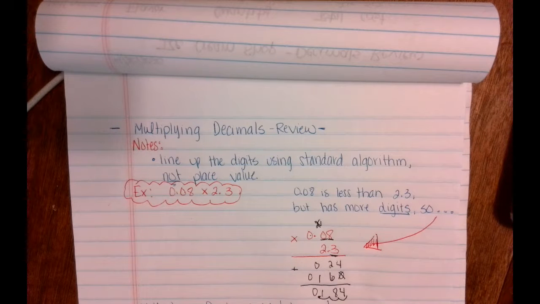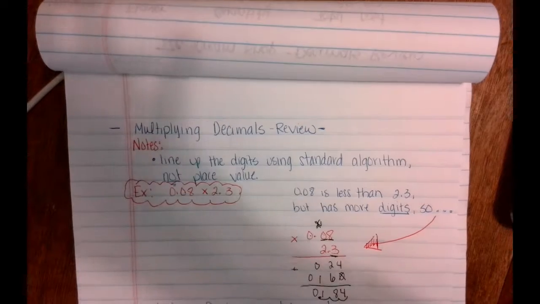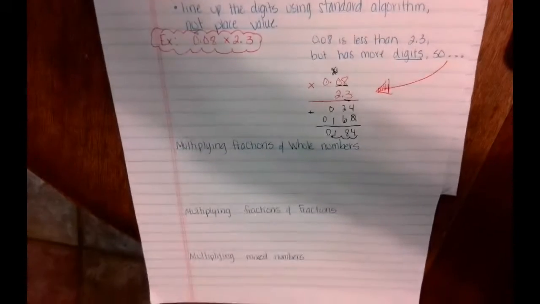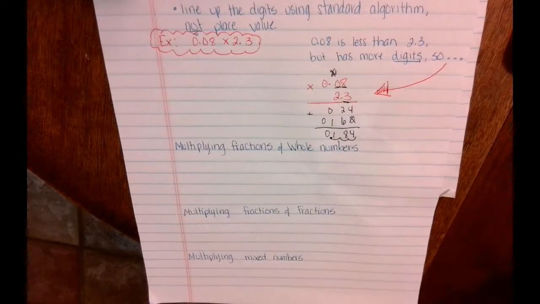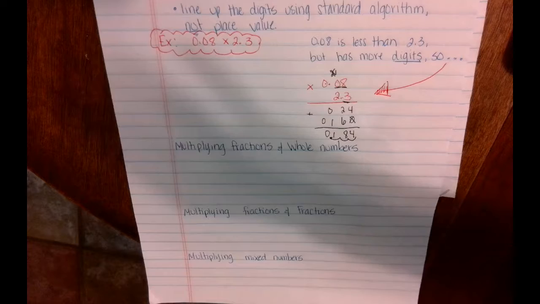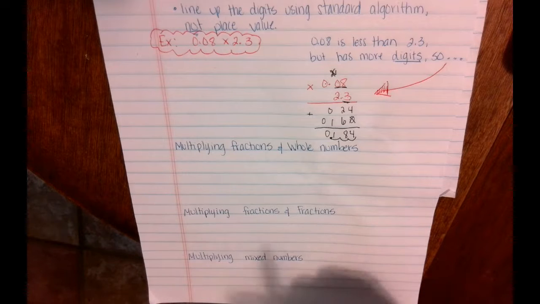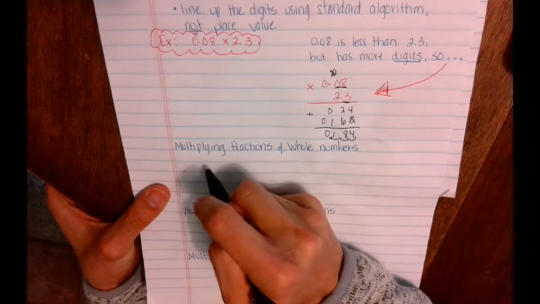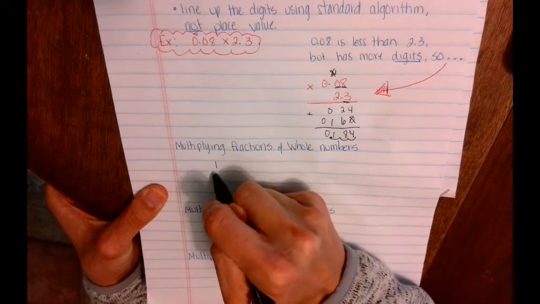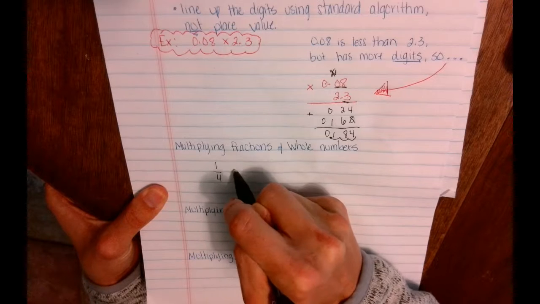All right. The next one I want to show you is for multiplying fractions and whole numbers, multiplying fractions and fractions, and multiplying mixed numbers. Okay. So for example, if we have a fraction like 1/4, and I want to multiply it times 3.